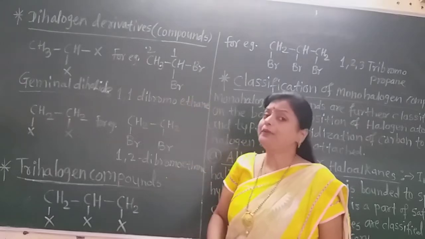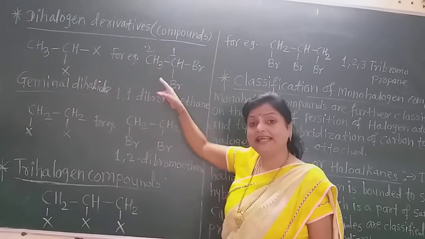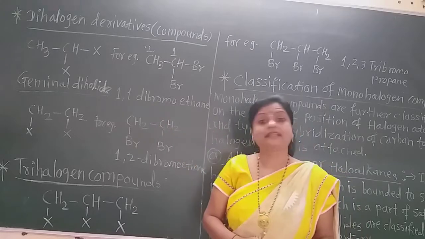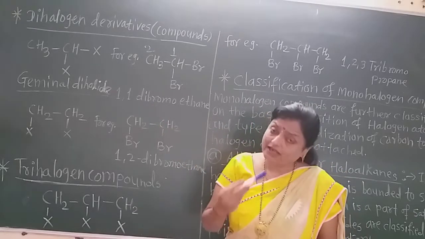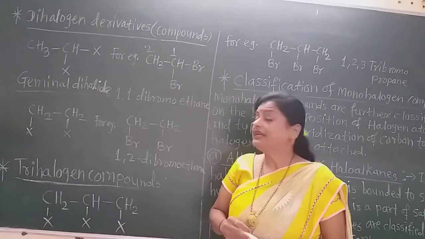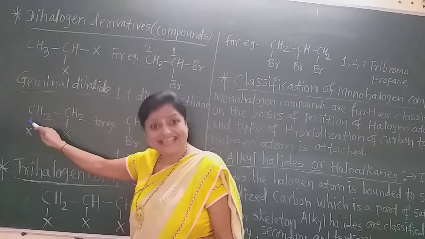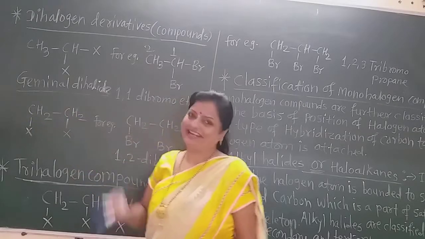So what is the IUPAC name of this geminal dihalide? It is 1,1-dibromoethane. Remember that.